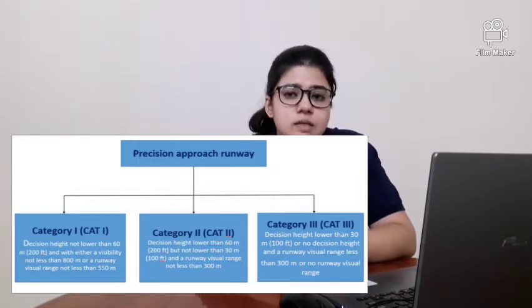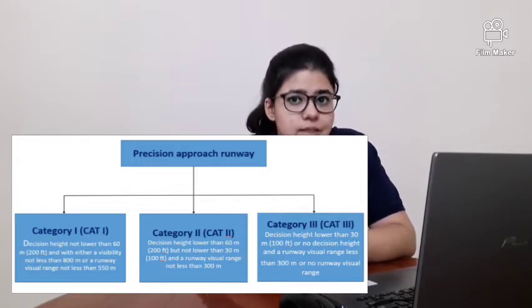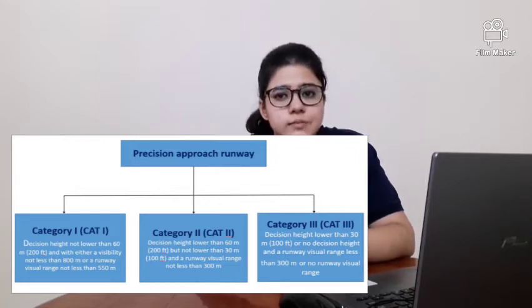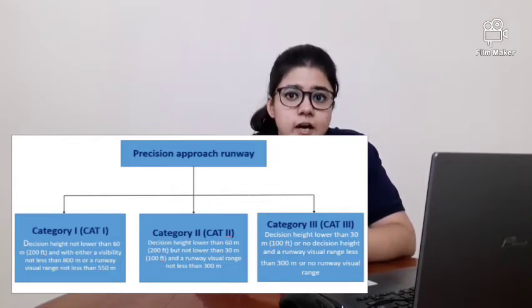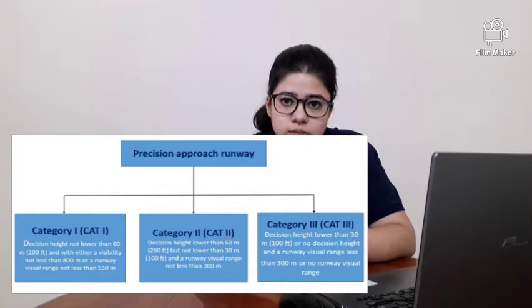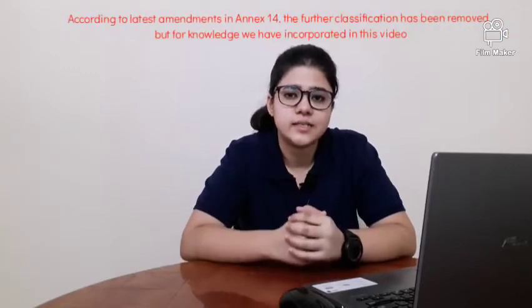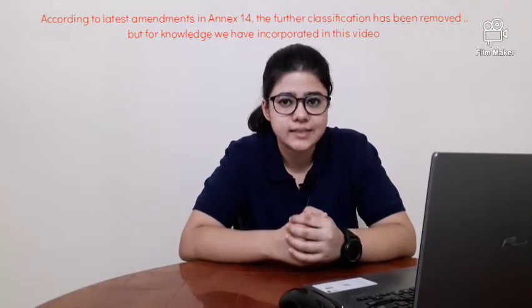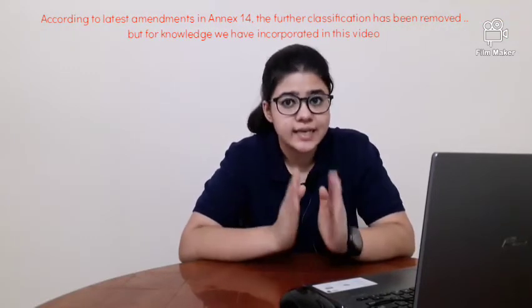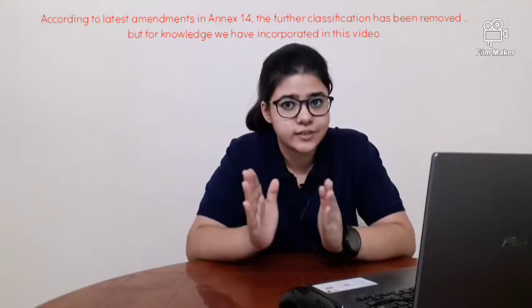In Cat 2, the decision height is lower than 60 meters but not lower than 30 meters. The RVR is not less than 300 meters and the visibility is not less than 550 meters. The category 3 runways are further divided into three categories, that is category 3A, category 3B and category 3C.